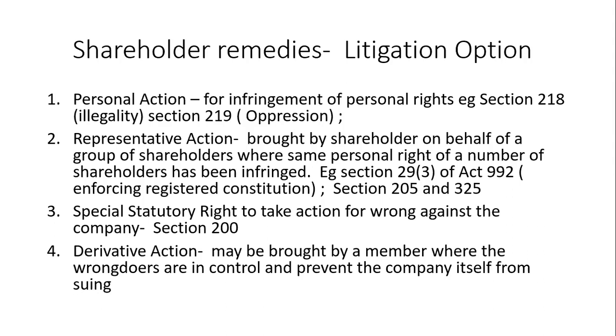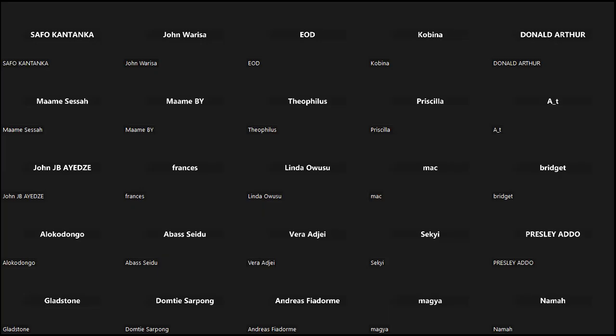With a derivative action, a member could go to court and seek leave, get permission of the court, to bring a suit in the name of the company, in order to ventilate some of these claims which the company may have.